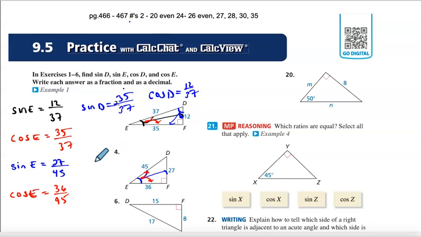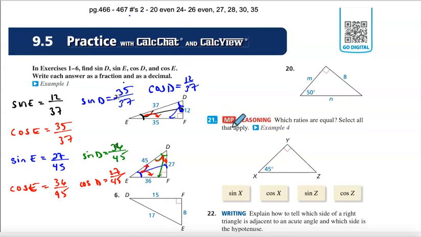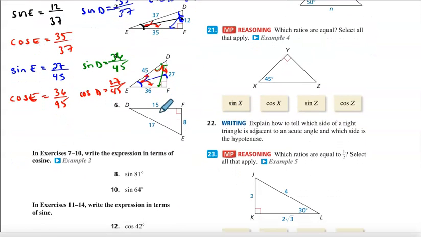And last one here, sine of D, opposite over the hypotenuse. Always over the hypotenuse. Sine and cosine are always over the hypotenuse. And then the cosine of D is the adjacent over the hypotenuse. All right, and we're just going to follow this all the way down. We got one more to do.